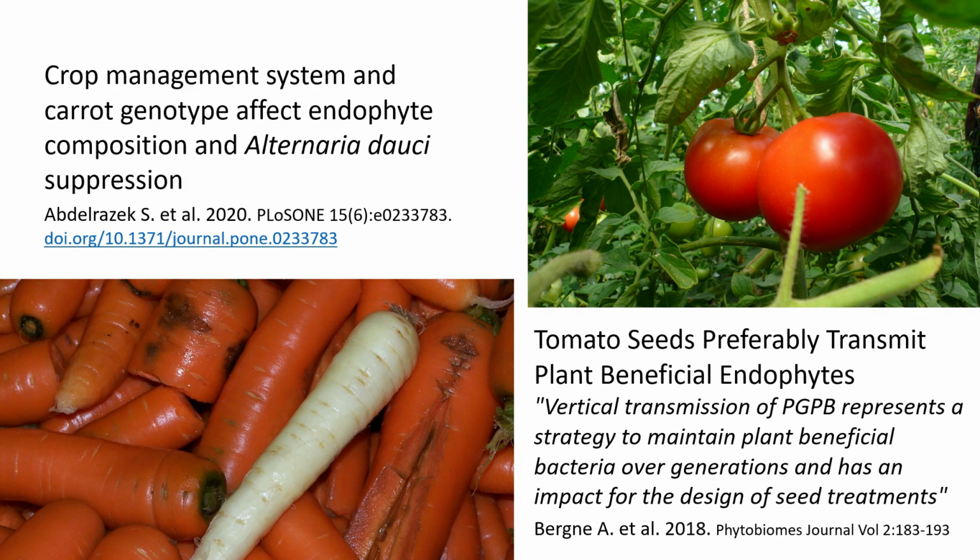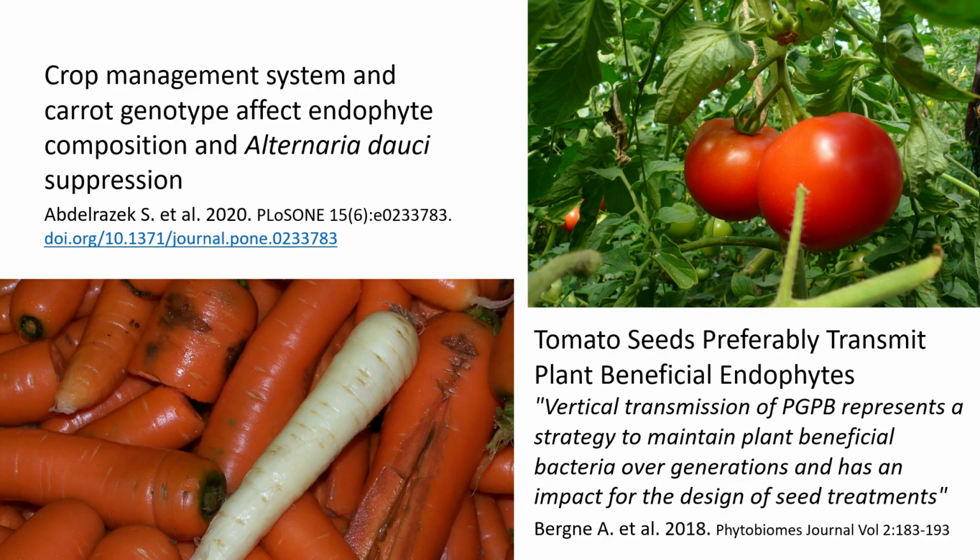Here are two examples from science that demonstrate a role of plant and seed microbiota for organic plant breeding and seed propagation. Firstly, in an experiment conducted by Purdue University in collaboration with the Organic Seed Alliance in the USA with carrots, microbial species present on taproots were analyzed. Organic cropping systems were shown to favor microbial species that mitigate disease caused by Alternaria dauci.